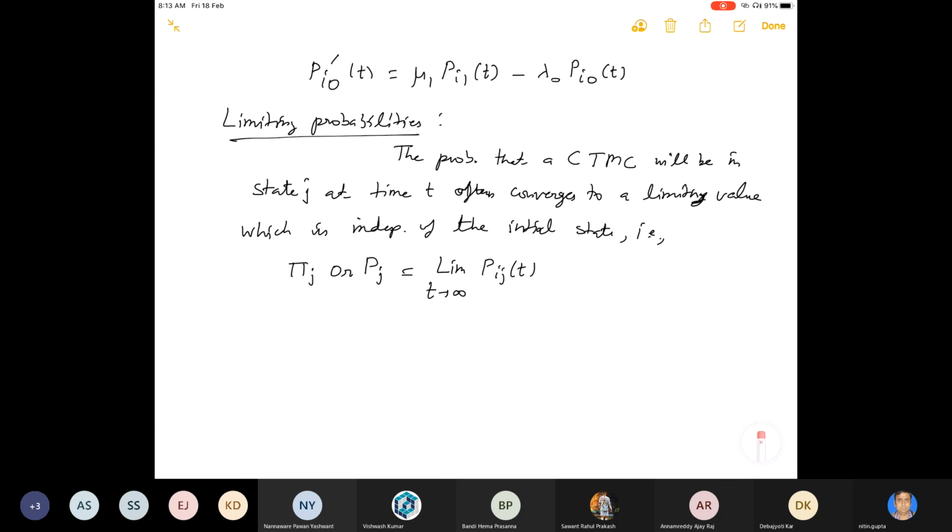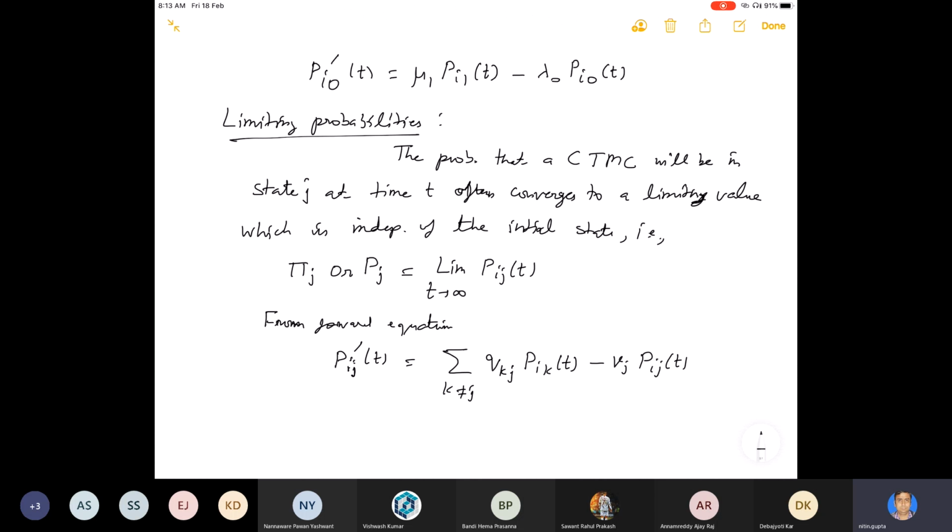So then these are the limiting probabilities. So how to find them? We know that from the forward equation, Pij prime t is the summation over k not equal to j of qkj Pik(t) minus vj Pij(t).